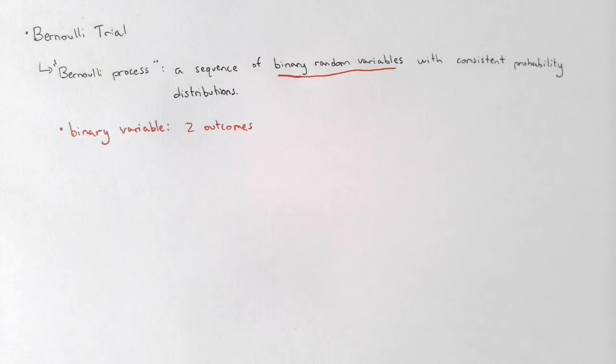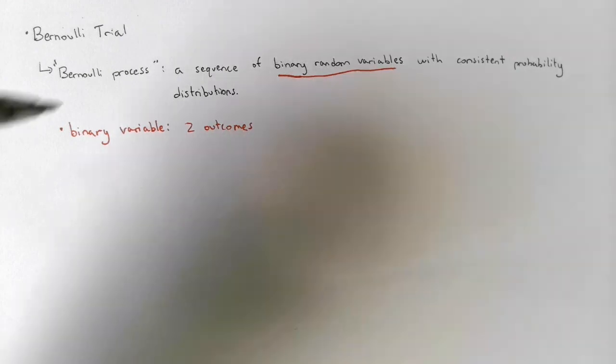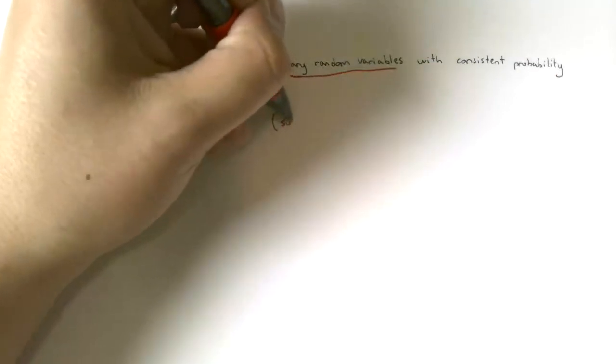And a binary random variable will play a very key role here in understanding some of these probability distributions. Now, those outcomes can be whatever you want them to be, but because there are only two outcomes, we typically define those outcomes as success or failure.